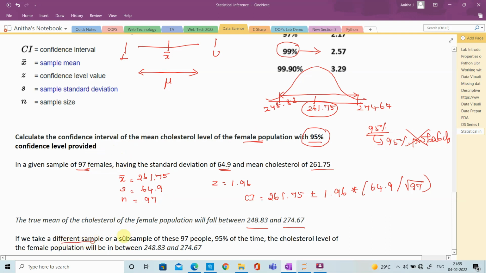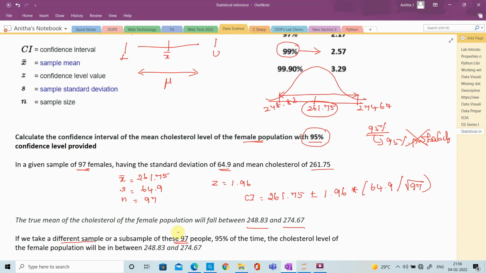I am taking different samples of these 97 people and again calculating the sample mean and the confidence interval. As a result, 95% of the time my population mean will lie within the calculated confidence interval.